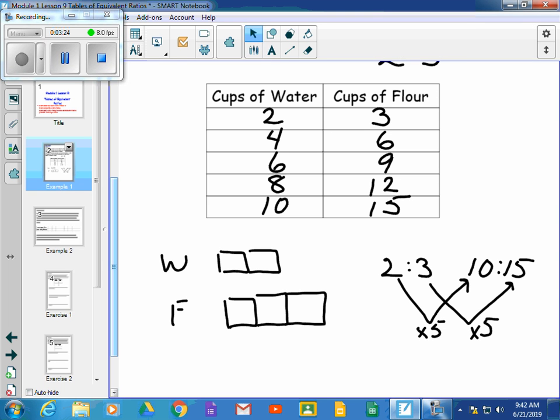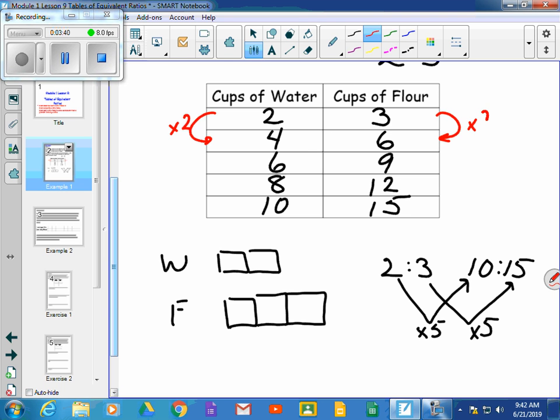Now, what I want you to notice, there's some patterns that are going on. If we start with that original ratio 2 to 3, we could multiply by 2 and get the next ratio. We could multiply that original ratio 2 to 3 by 3 to get the next ratio.